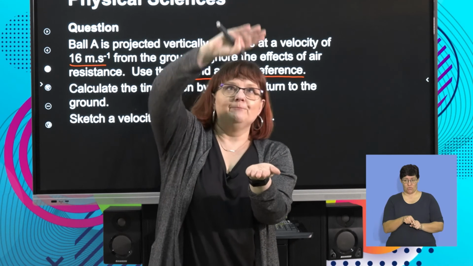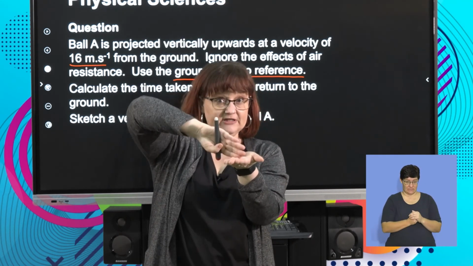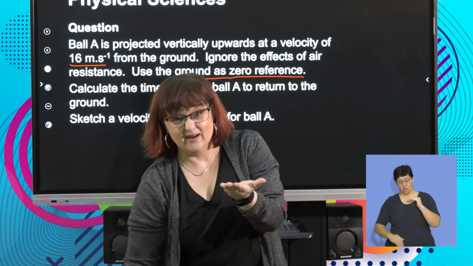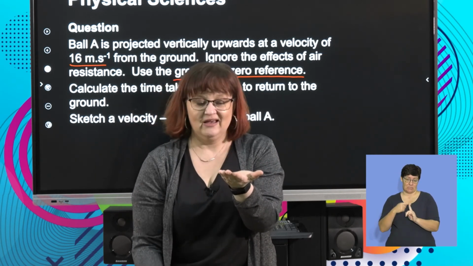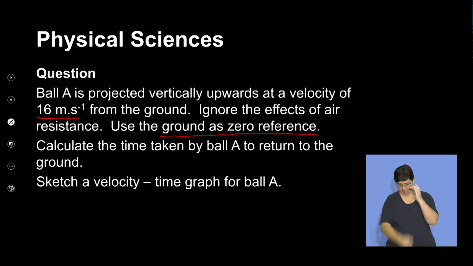So everything above the ground is either negative or positive in terms of displacement. Everything below the ground is negative or positive. Okay? Below the ground would be hard because it's the ground. They want us to calculate the time taken by the ball to return to the ground, and then they want us to sketch a time velocity graph.